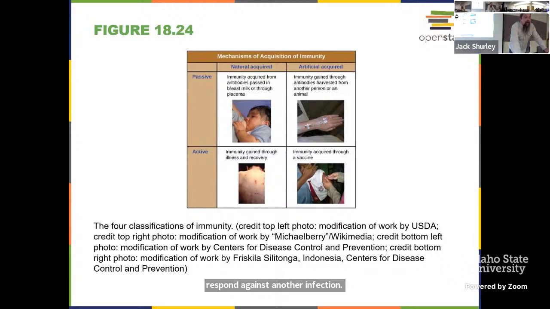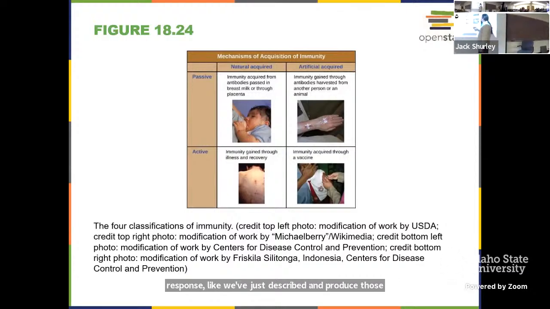So the active natural is, come back to me, mouse. The active natural immunity is something that you get through dealing with an infection. So as you get that illness and recover, you've mounted an immune response like we've just described and produced those memory cells.